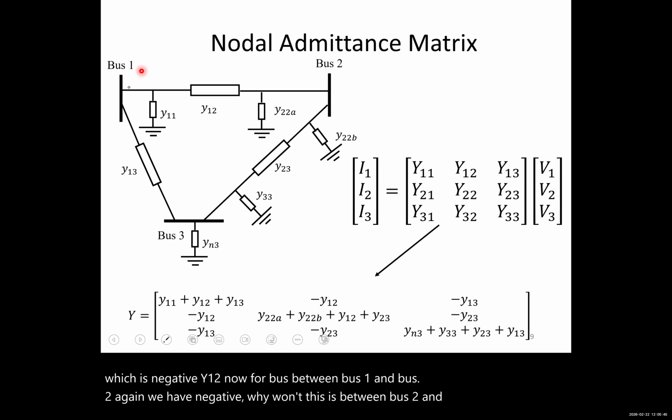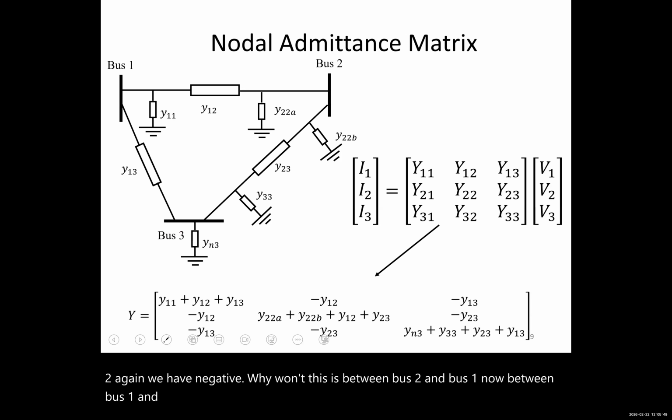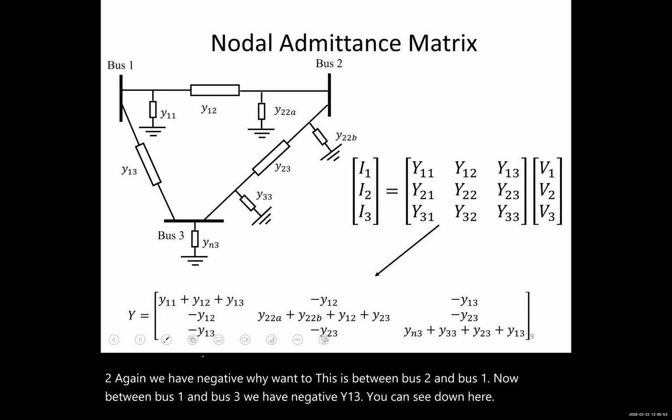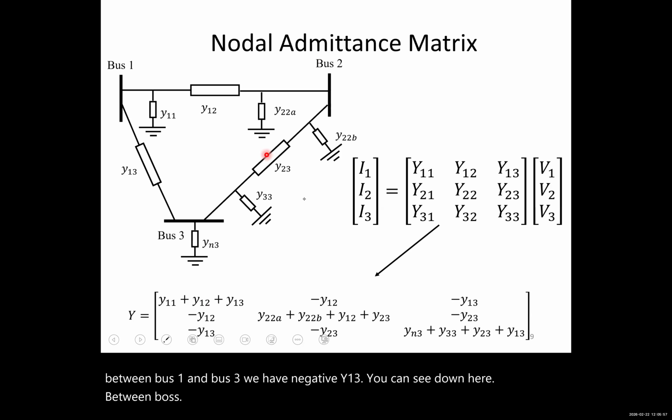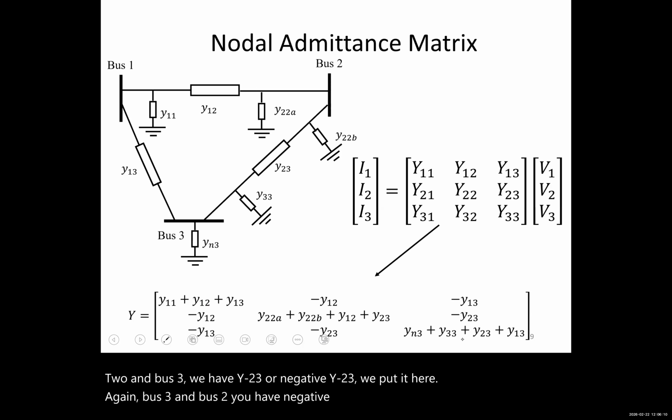Now between bus 1 and bus 3, we have negative y13. You can see down here. Between bus 2 and bus 3, we have y23, or negative y23. We can put it here. And again, bus 3 and bus 2, you have negative y23.